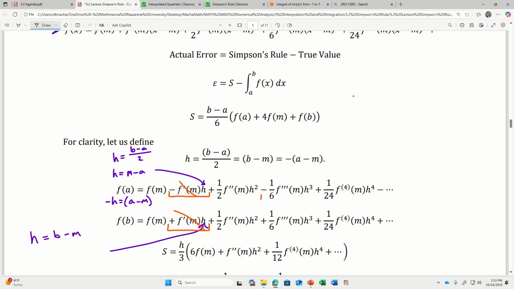The same thing is going to happen when I add these terms, because they're the same but opposite sign. And the same thing is going to happen anytime I'm adding the odd powers of h, because they're going to have opposite sign. And then for the even powers of h, I just double the coefficient, because they're the same with the same positive sign. So that gives me Simpson's rule expanded in the Taylor series of f centered at m.